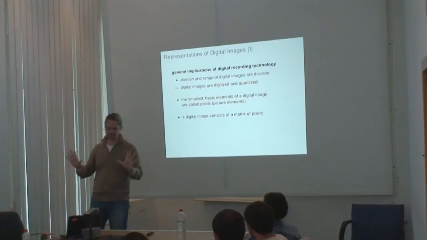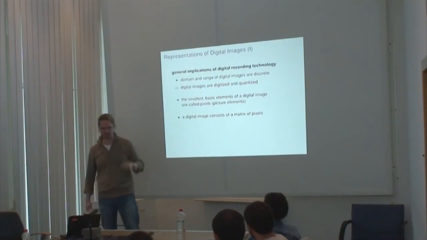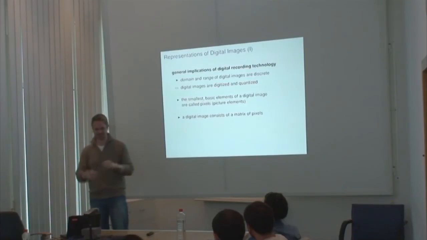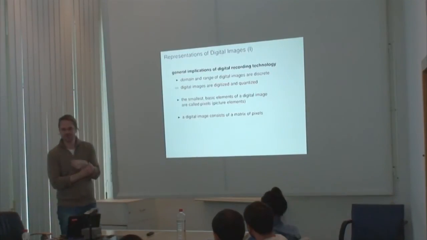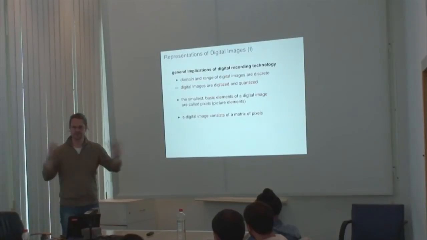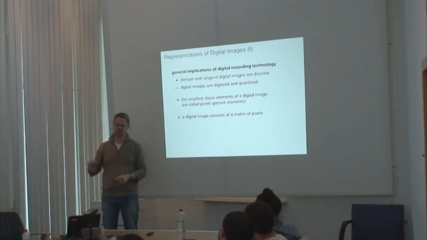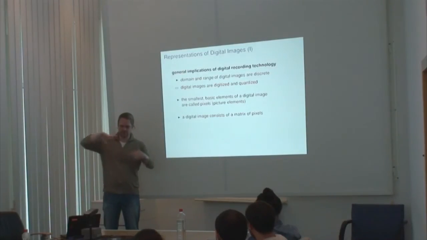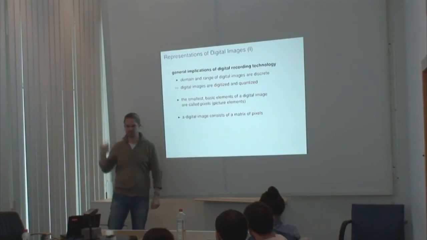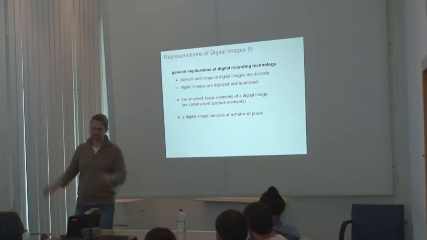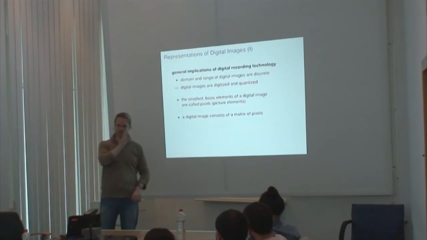With chemical photography, back in the days, there were these films you had to put into a camera. Back then that was continuous, but with digital images this is discrete, because these CCD chips consist of a large but fixed number of distinguishable tiny elements. So the resolution of the picture consists of lots of tiny pixels. It's not continuous, but discrete.